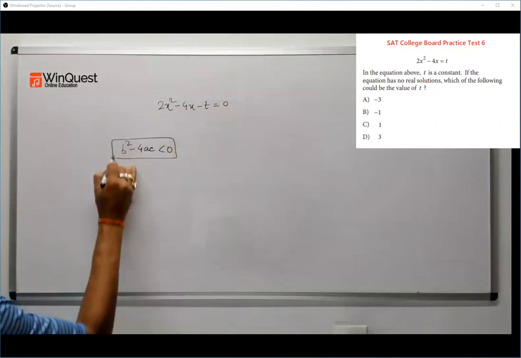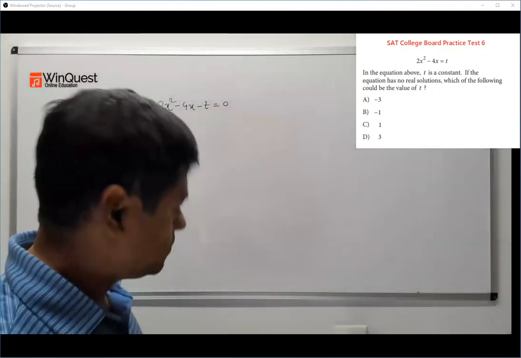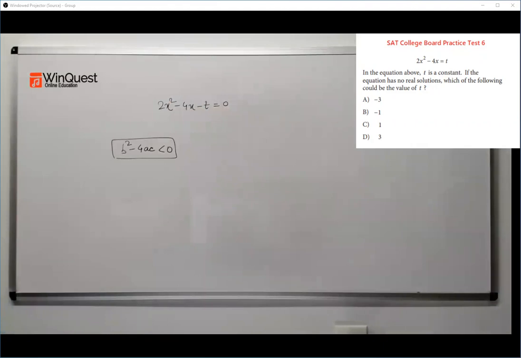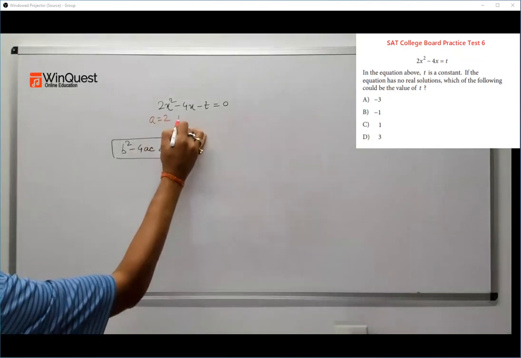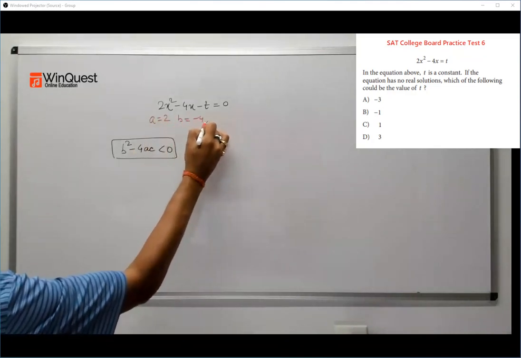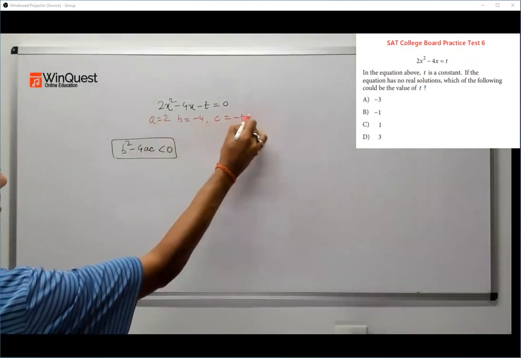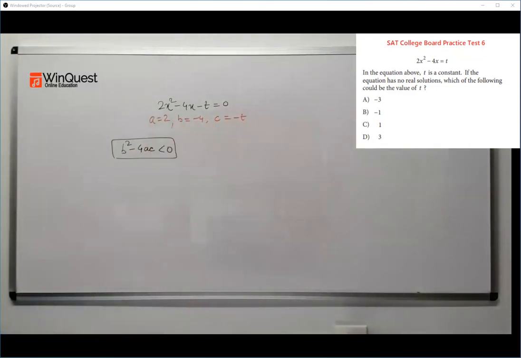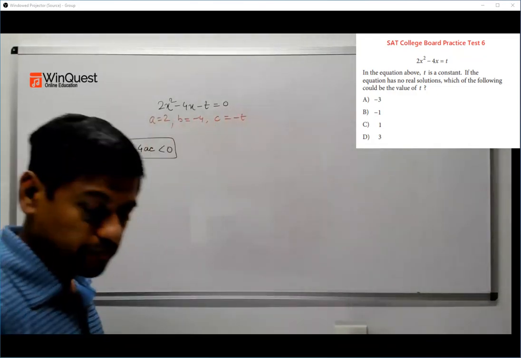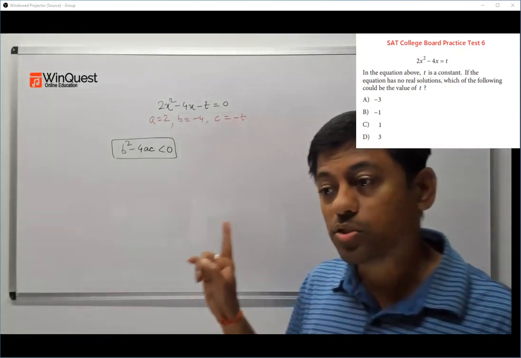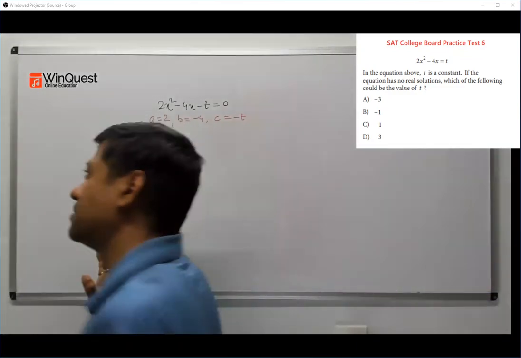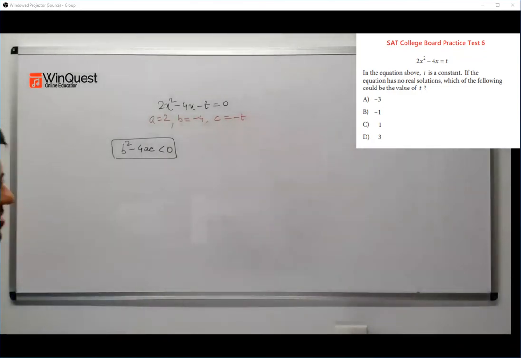Everybody's clear? In this scenario, a equals 2, b equals minus 4, and c equals minus t. Please note, c is not equal to t. c equals minus t.